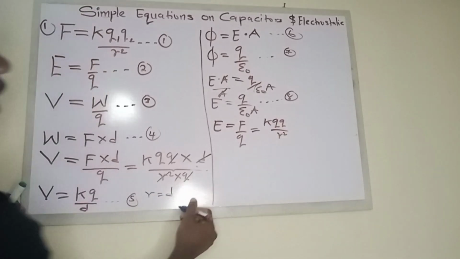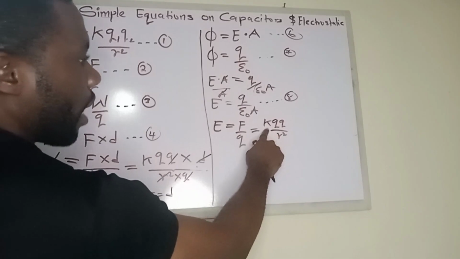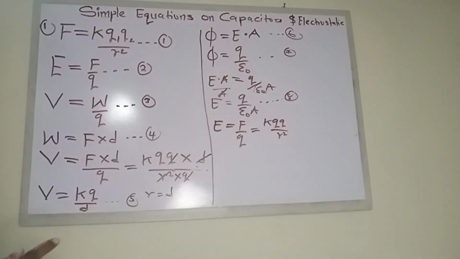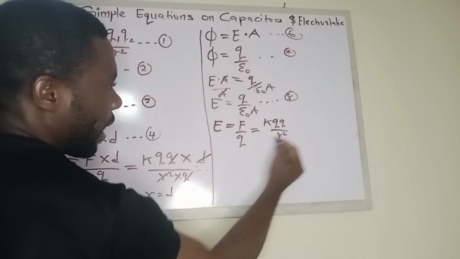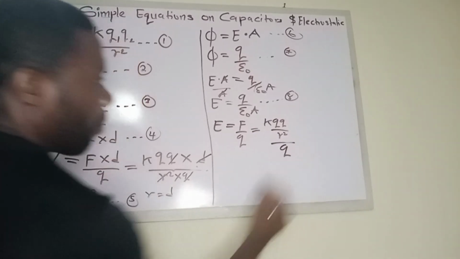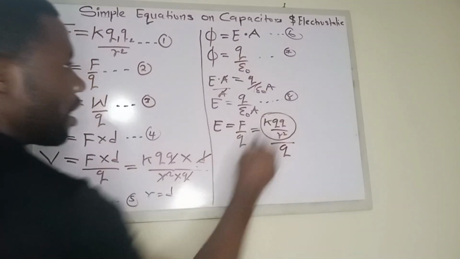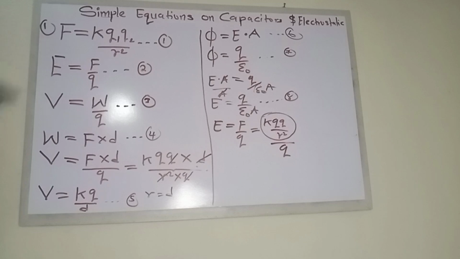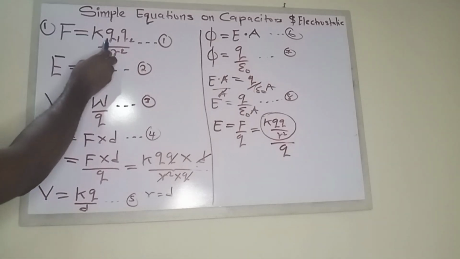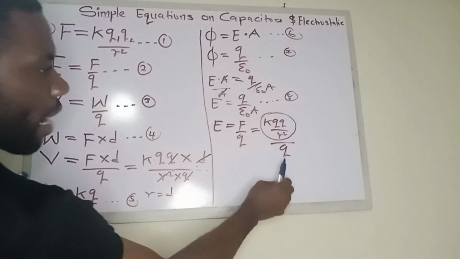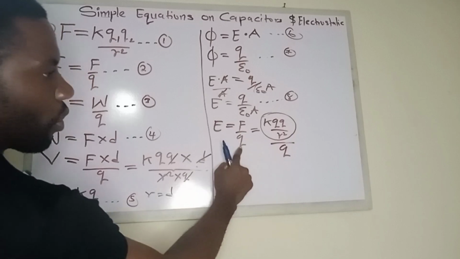Then all of this is the force, which is KQ over R squared, and all of this is divided by Q, this Q.